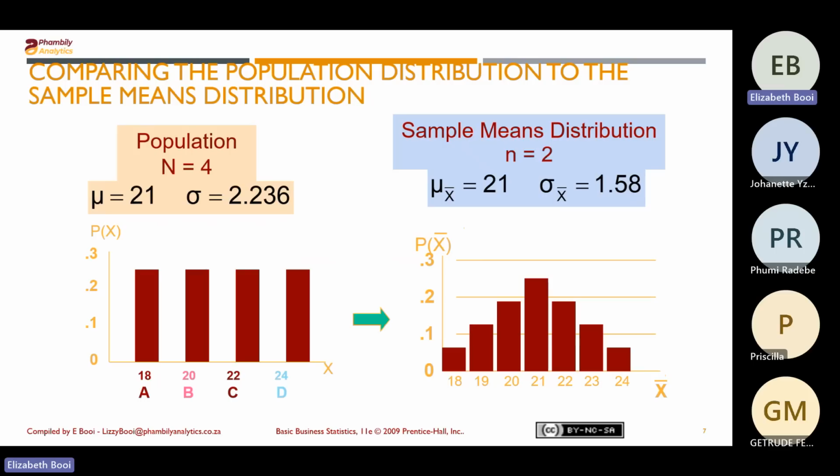The sample mean distribution with a sample size of two gives a mean of 21 and a standard deviation of 1.58. We can conclude by saying we transformed a uniform distribution into a normal distribution by applying the sampling distribution process.